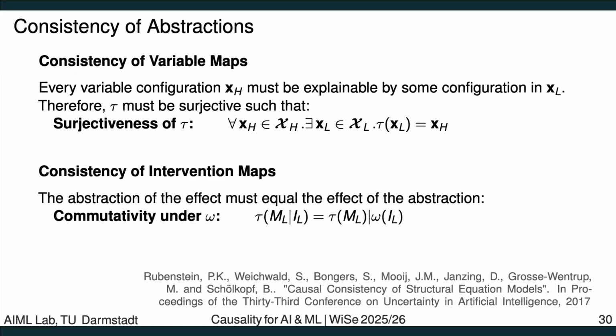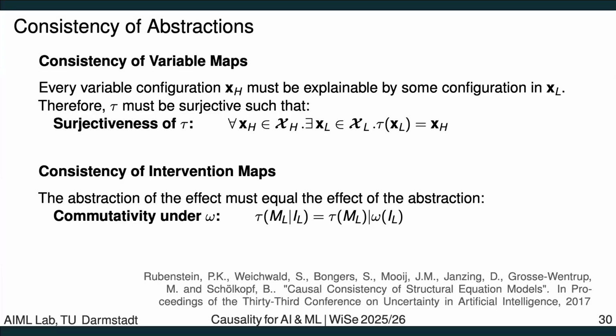And more generally, we want to have a sort of consistency. The first requirement is that the map of the variable values needs to be surjective. In plain words, for every high-level configuration, or values of high-level variables, we need to have some configuration of the low-level variables that makes them happen.